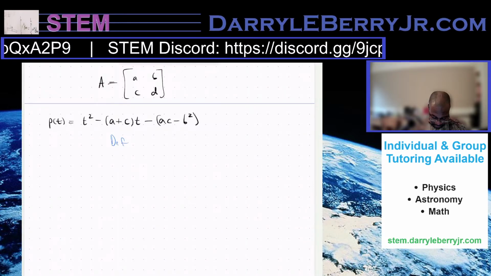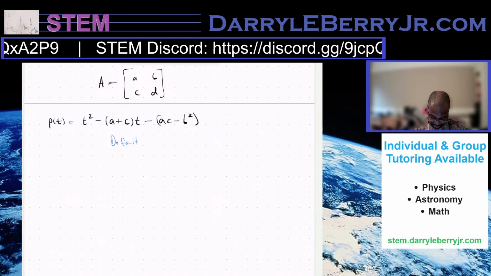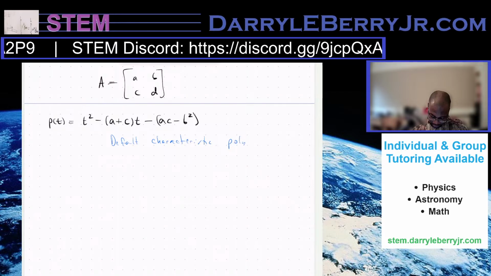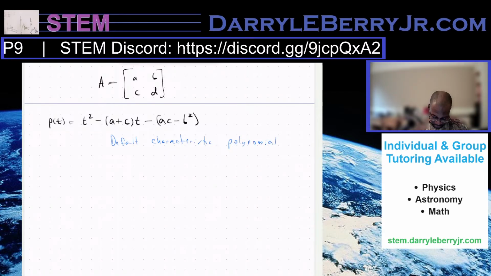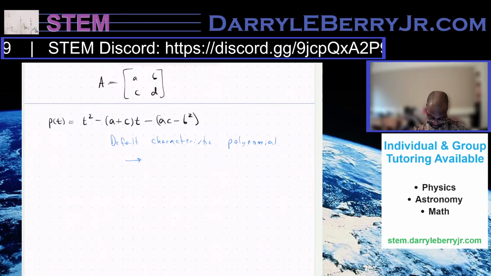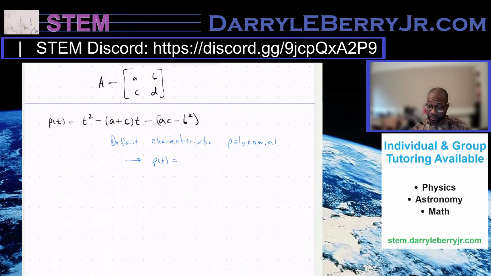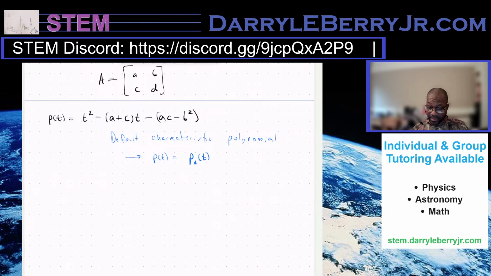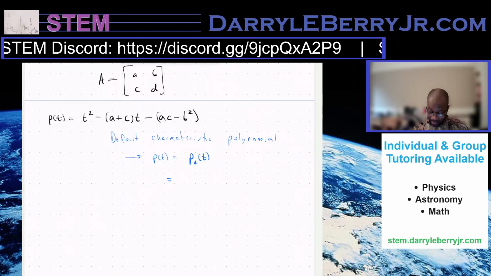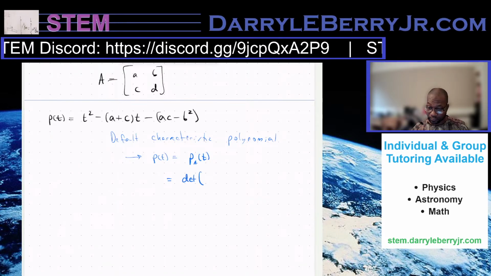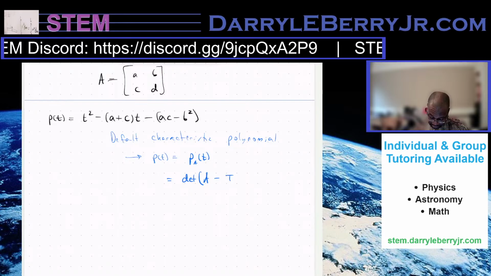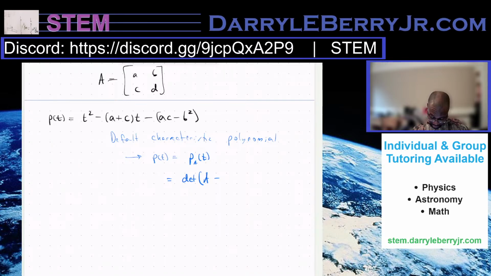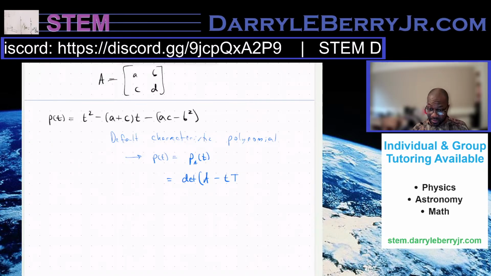So the characteristic polynomial is p_A(t) equals the determinant of the matrix minus the identity matrix, or should I say, to keep it in the same form, tI.